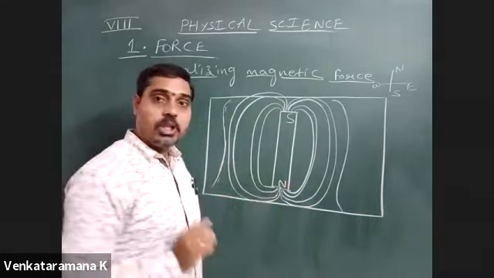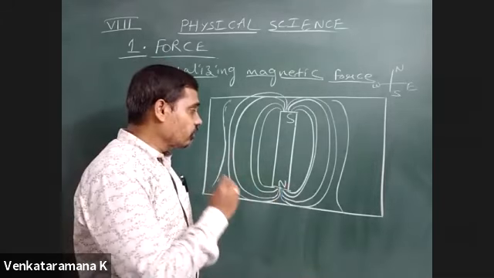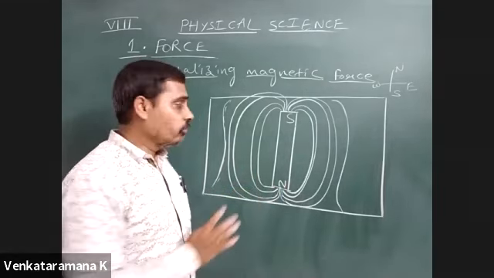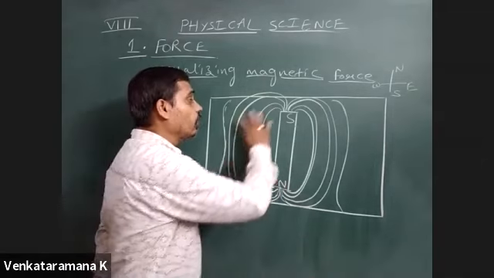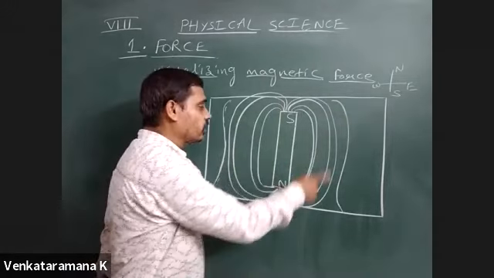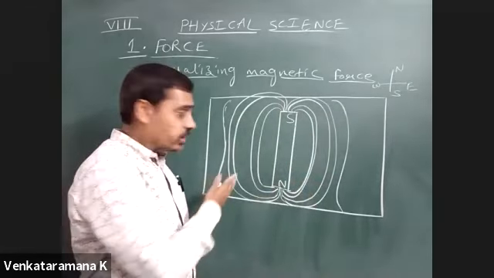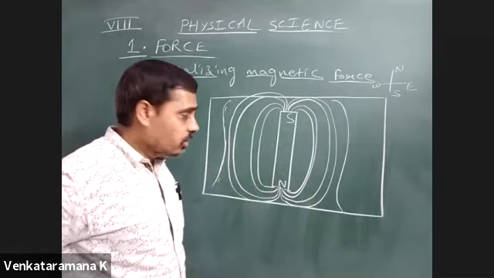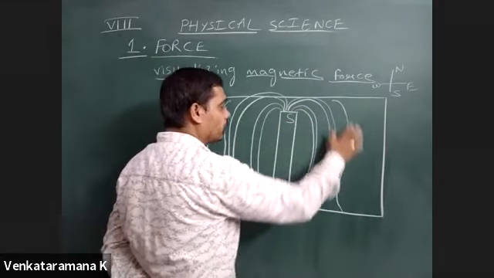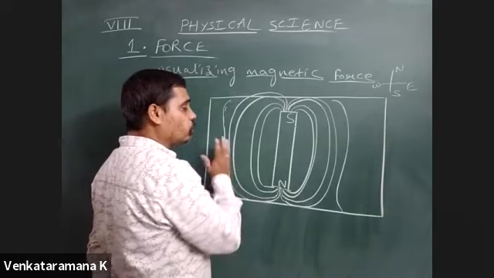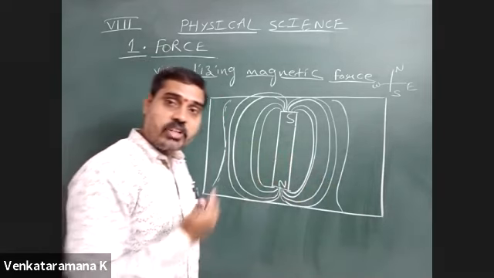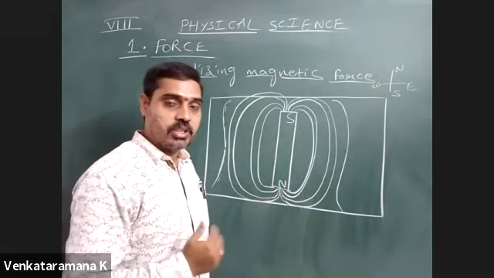Now the question is, why do the iron filings, instead of falling zigzag or randomly, fall in a certain uniform, designed pattern? Because in the space around the magnet, up to a certain region, this magnet will influence its force of attraction or force of repulsion.